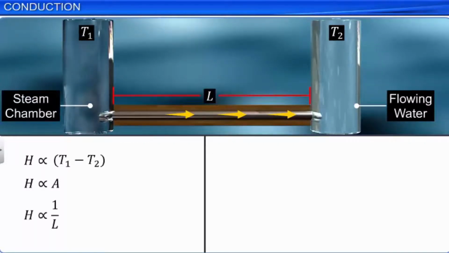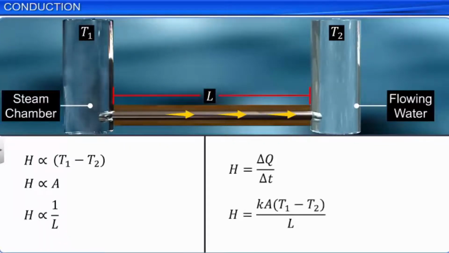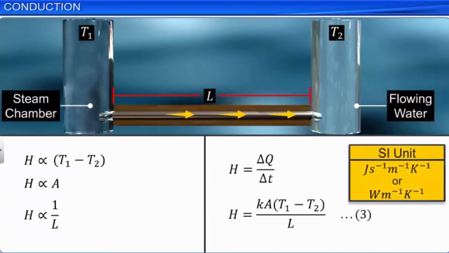That is, H is equal to delta Q by delta T, which is equal to KA into T1 minus T2 by L. Let this be equation 3, where K is the proportionality constant and is called the thermal conductivity of the material. The SI unit of thermal conductivity is joule per second per meter per Kelvin or watt per meter per Kelvin.